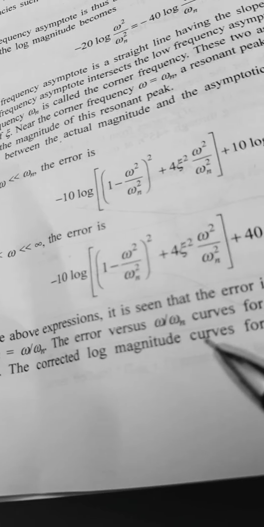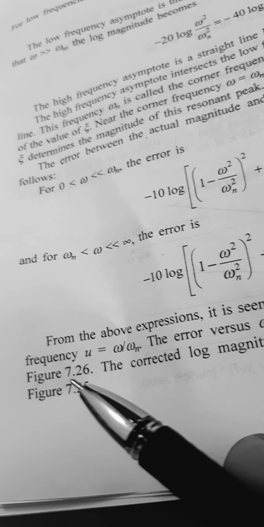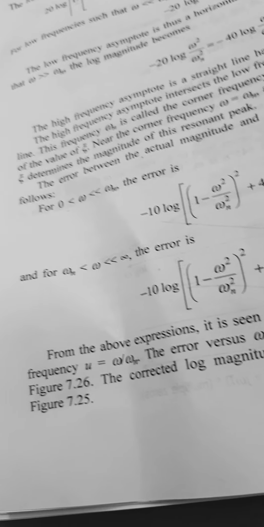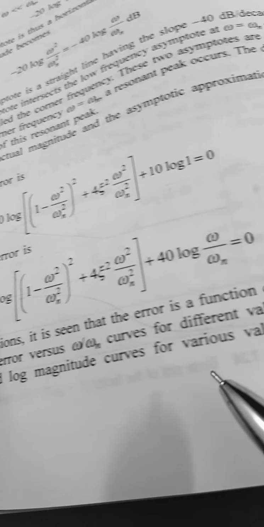Now the error versus omega by omega n curves for different values of xi are plotted in figure 7.26. The correct log magnitude curves for various values of xi are shown in figure 7.25.